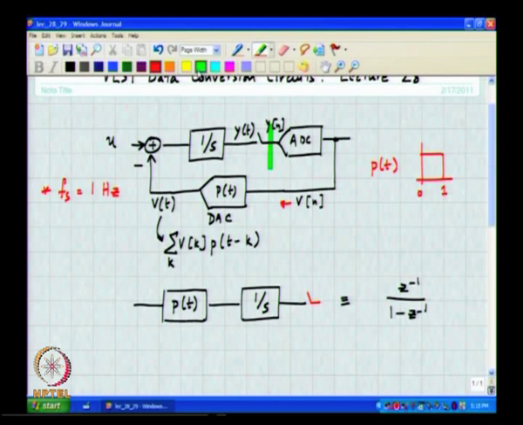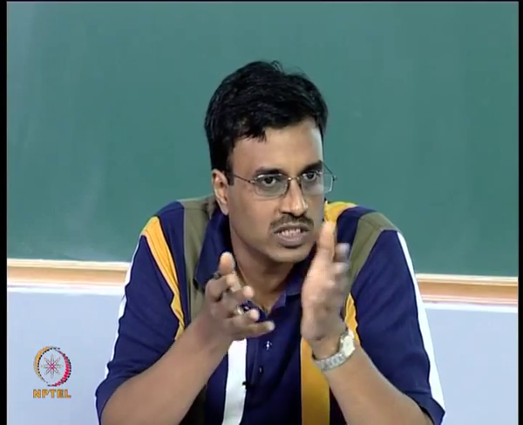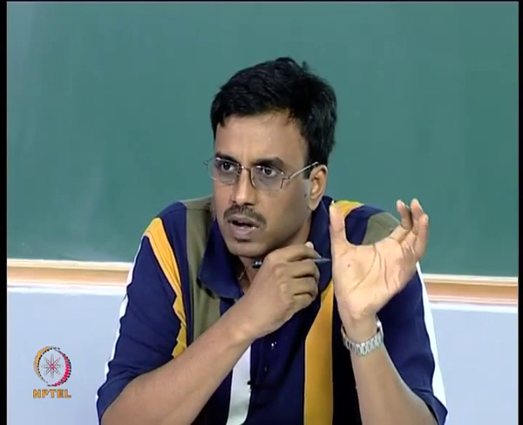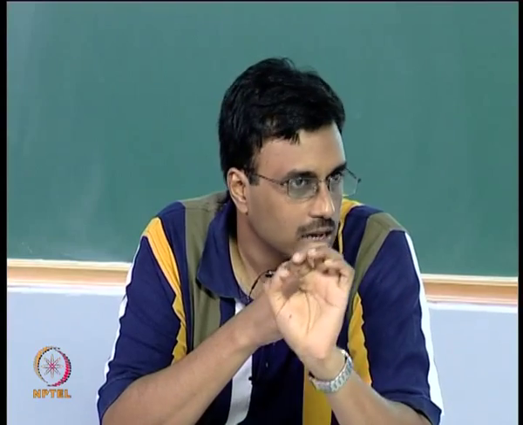In other words, to the left of this green line, what one would traditionally find would be a discrete time loop filter, and all that is happening now is that this continuous time system, please note that P of t, the pulse shape of the DAC, is instrumental in transforming the input sequence V into a continuous time output waveform V of t.